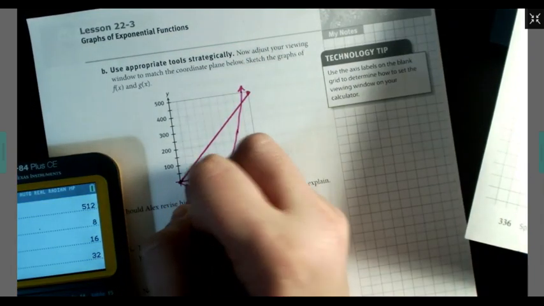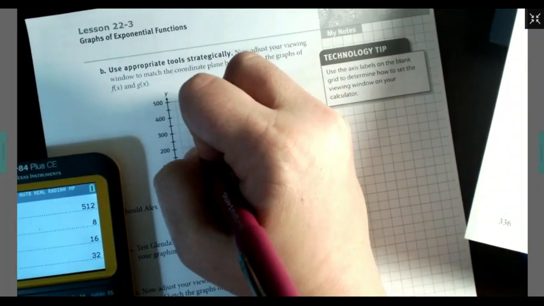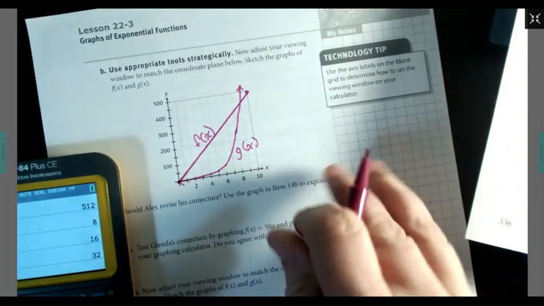All right. So this is my g of x, and this is my f of x.